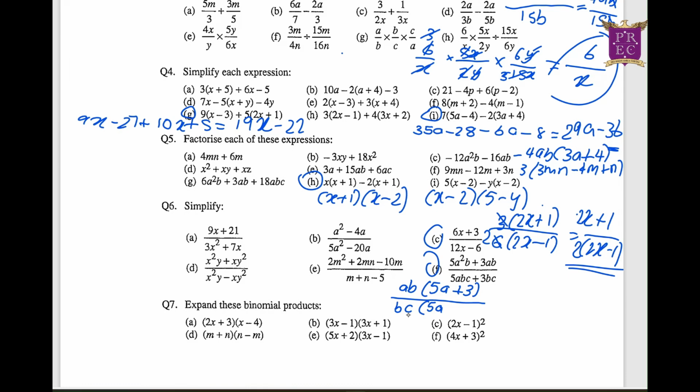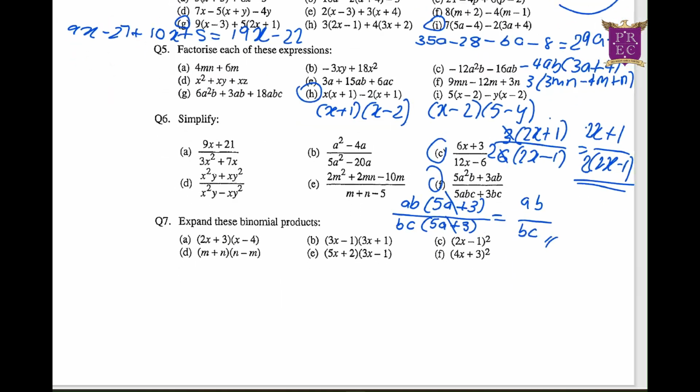To get 3BC, what do we need to times BC by? Just 3. Okay. So now we're left with AB brackets 5a plus 3 over BC brackets 5a plus 3. Since these two are the same, we can cancel them out. So we're just left with AB over BC. Okay, that's the answer.